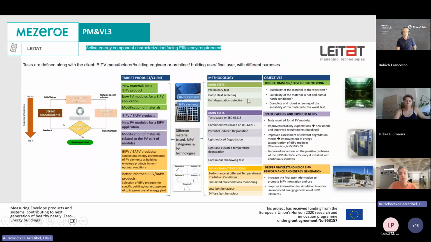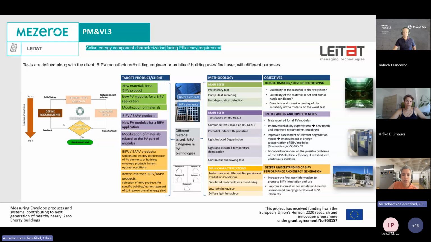We also have pilot line 3, which is led by another partner. They are focused on BIPV also, as well as Tecnalia, but in this case at a smaller scale, at product level, and they do different measurements regarding efficiency requirements.